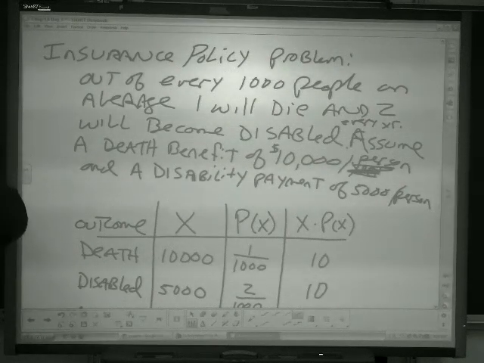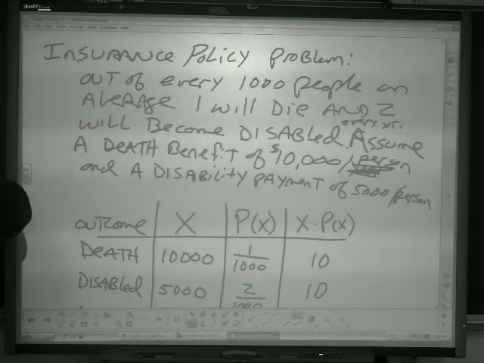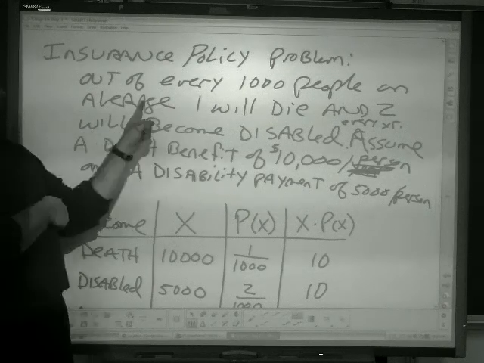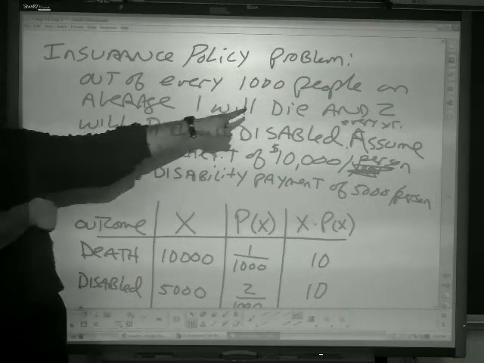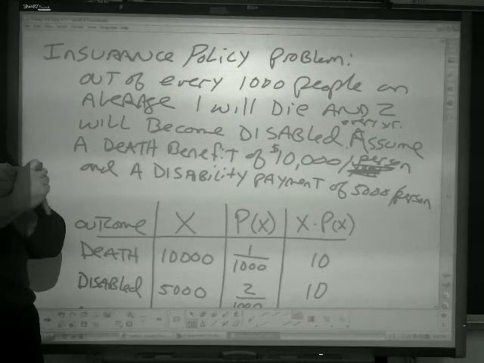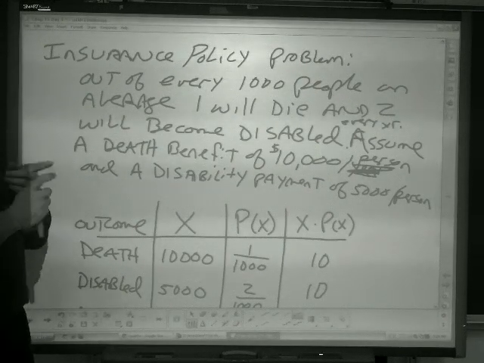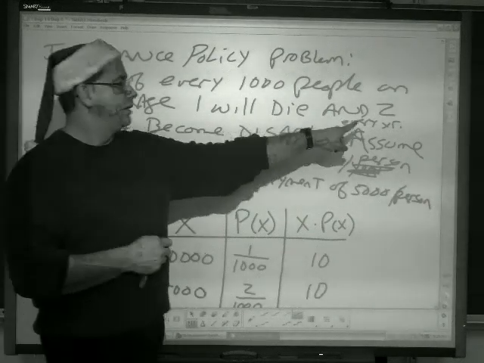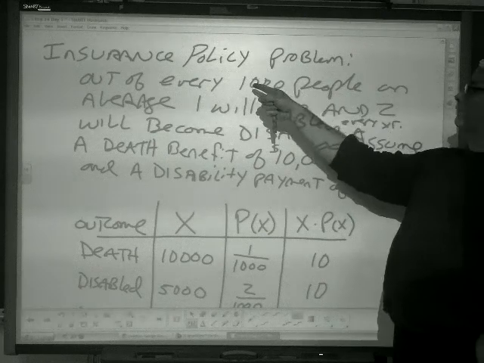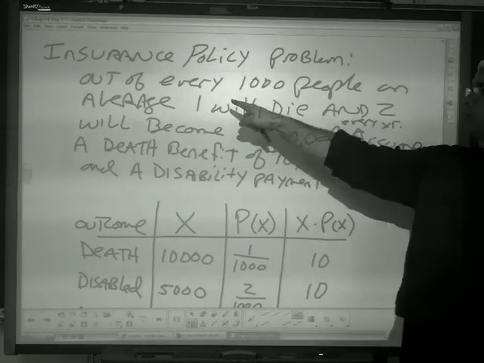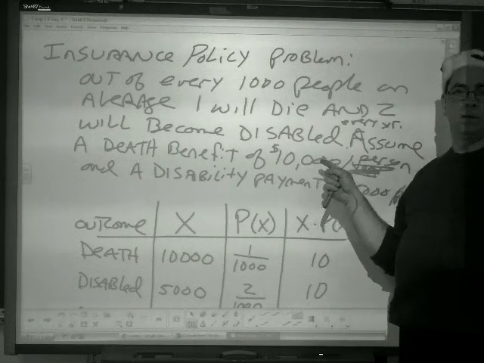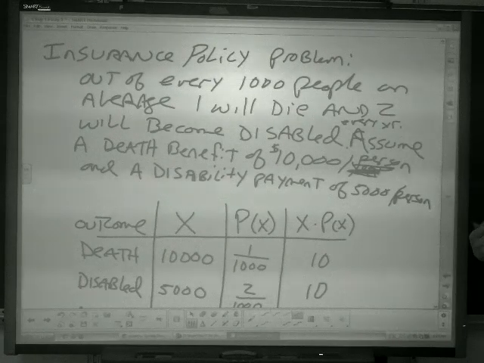Out of every 1,000 people, on average, one will die every year. Out of every 1,000, 1 will die, and 2 will become disabled, again, every year. So out of 1,000 people, 1 will perish, and 2 will become disabled and not be able to work every year.